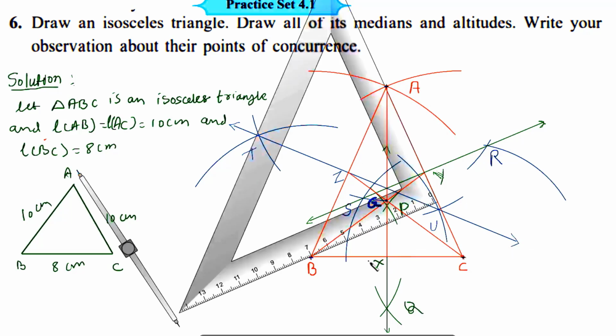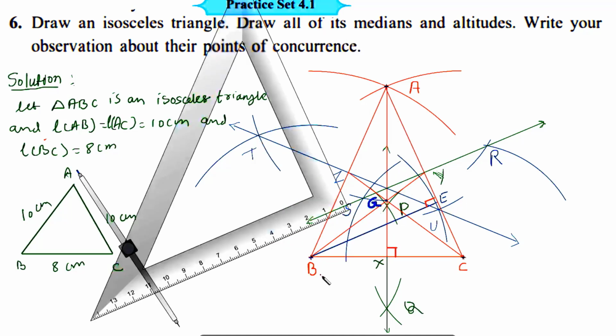To draw the altitude from the vertex B to the opposite side, put the set square along the side AC and the other side of the set square on point B as shown here. Draw the perpendicular from vertex B to the opposite side AC. This is point E. Therefore, segment BE is the altitude of triangle ABC. Also, segment AF is an altitude of triangle ABC.